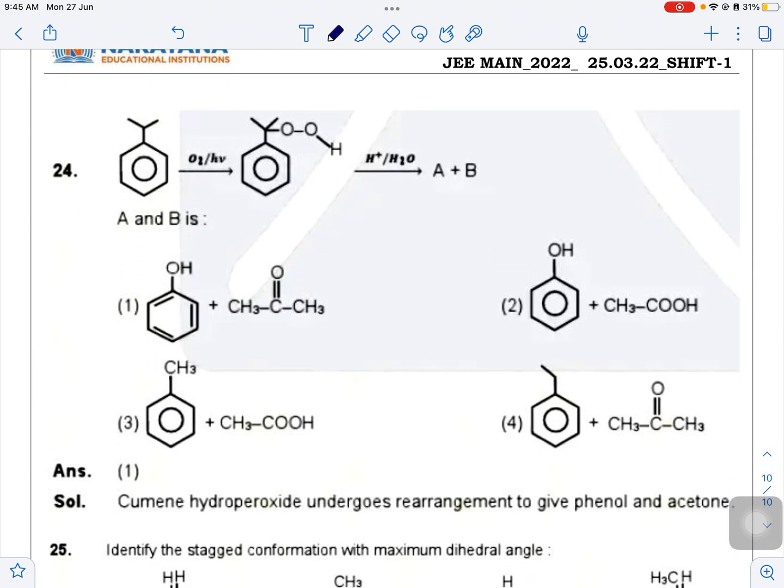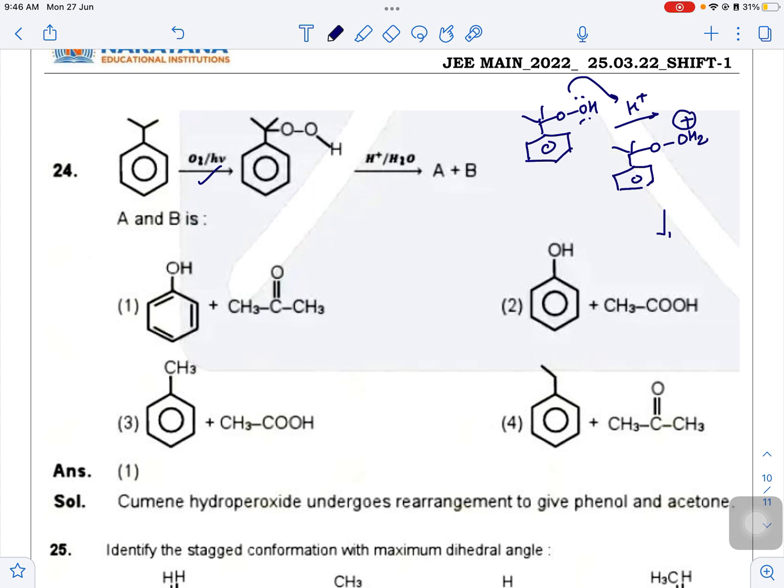Next, cumene is reacted with O2 in presence of light. Cumene hydroperoxide is formed. Cumene hydroperoxide on acidification first undergoes protonation. This reaction is an example of migration to an electron deficient oxygen.